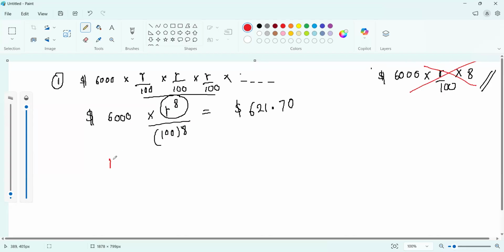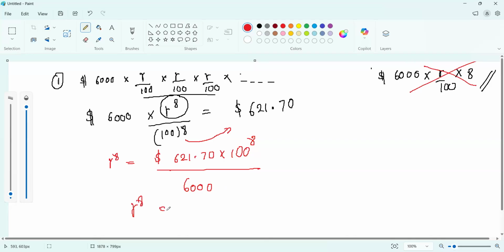Now make R the subject. R to the power 8 is equal to, dividing, this goes to the other side: 621.70 multiplied by 100 to the power 8, over 6,000. Can you calculate this one? Use the calculator or anywhere.